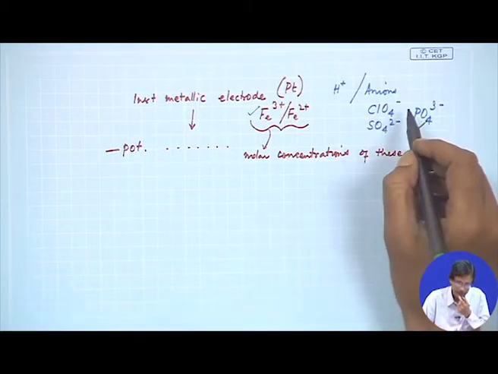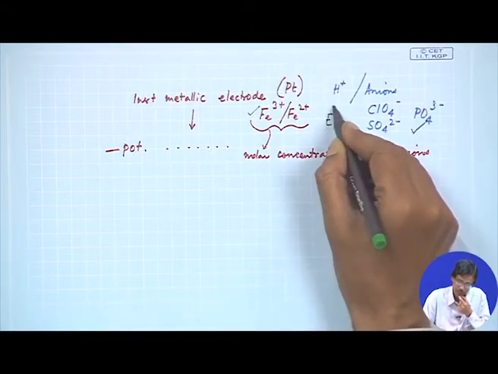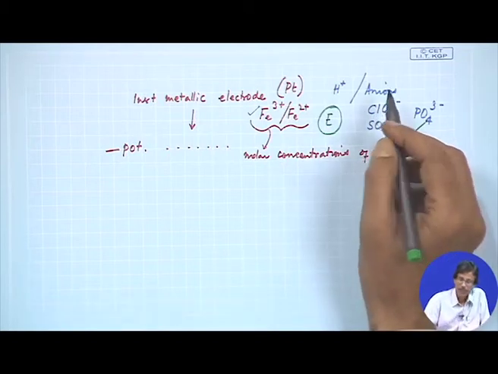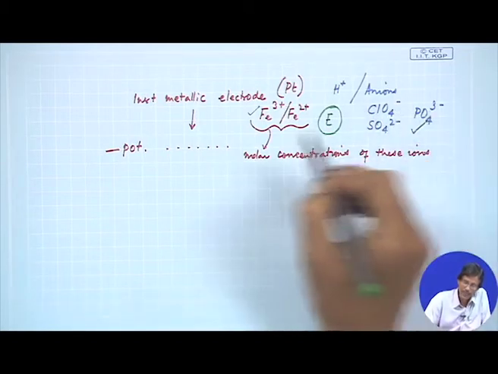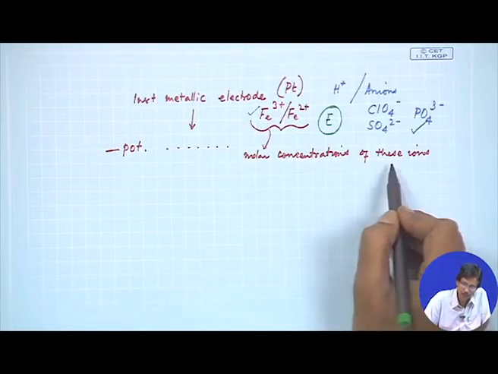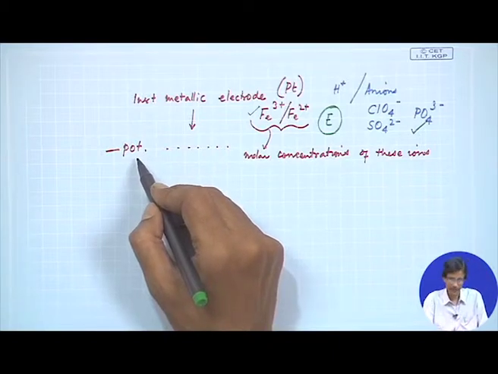So, in the presence of phosphoric acid, we definitely expect that your E value, that means the electrode potential value, must change. Why? Because we are changing the ratio of these two concentrations, and your electrode potential is dependent on this concentration ratio.